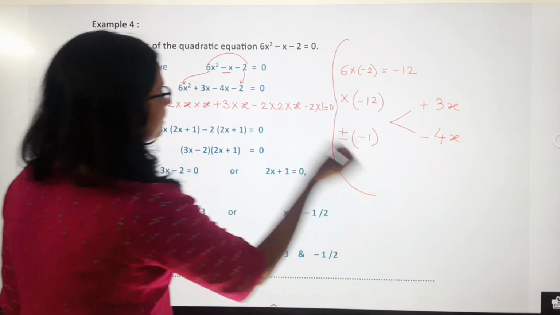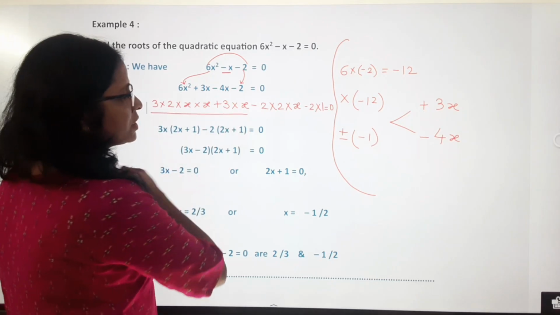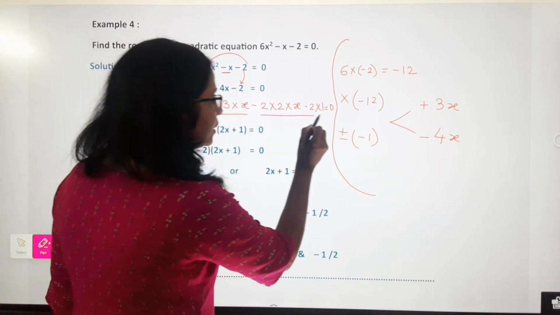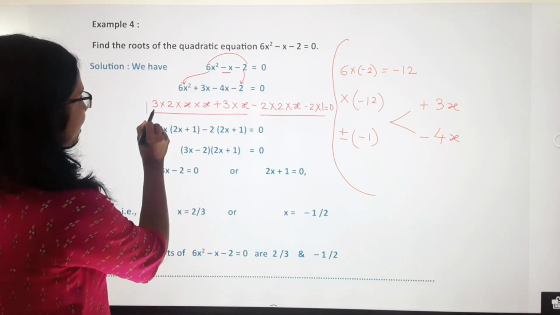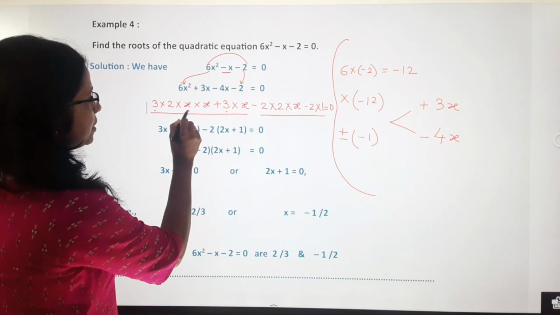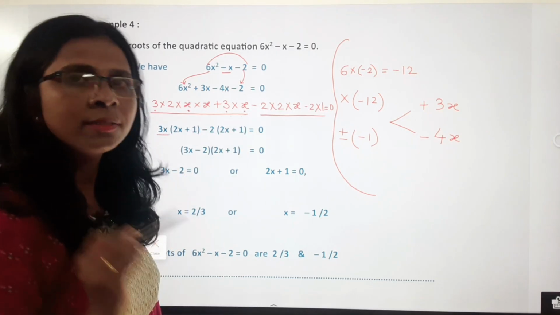This way. Then make the first group of these two terms and make the second group of these two terms. Then see, 3 is here, 3 is here, x is here, x is here. So from this group, common is 3x.